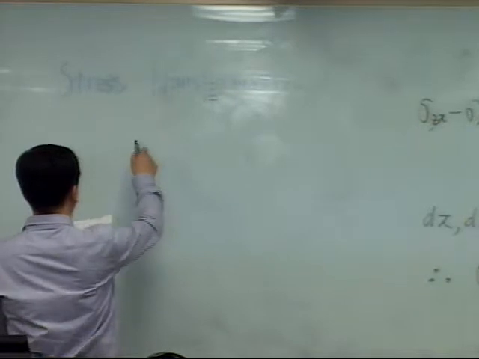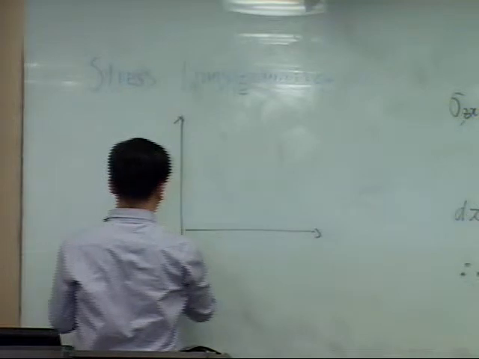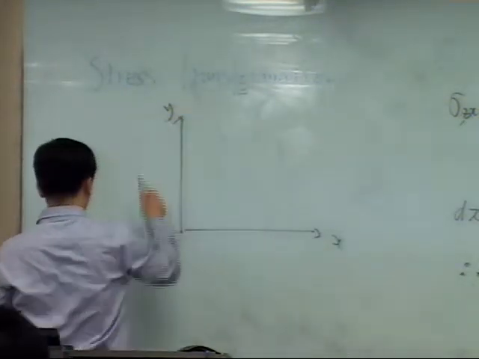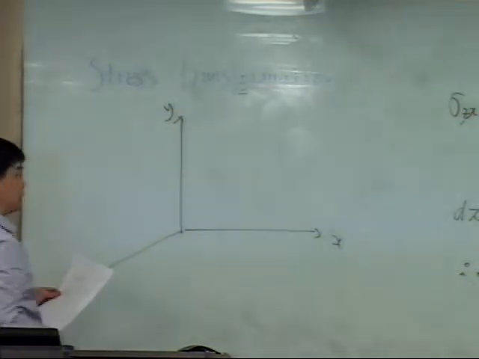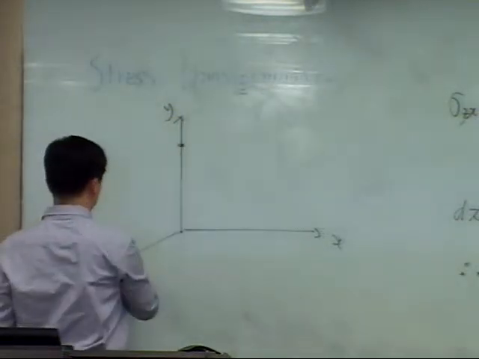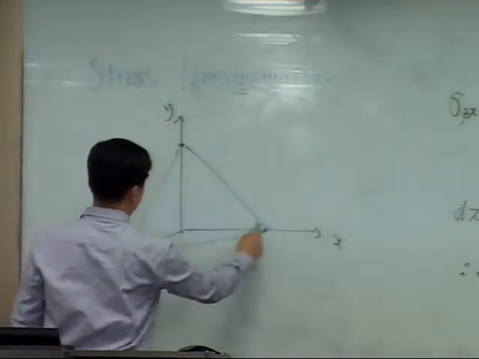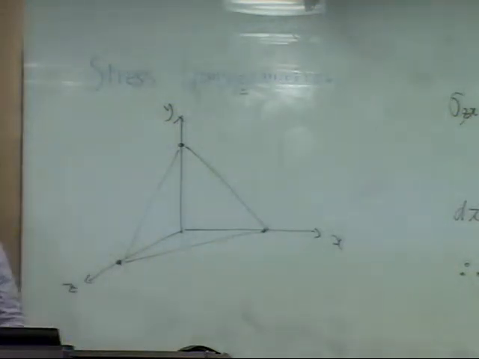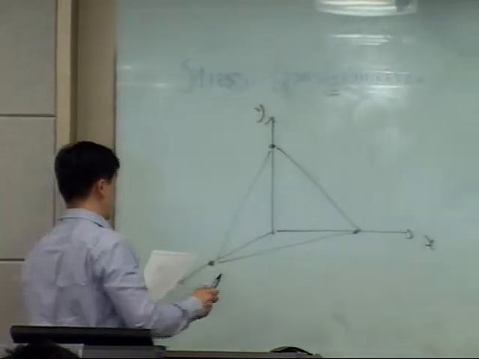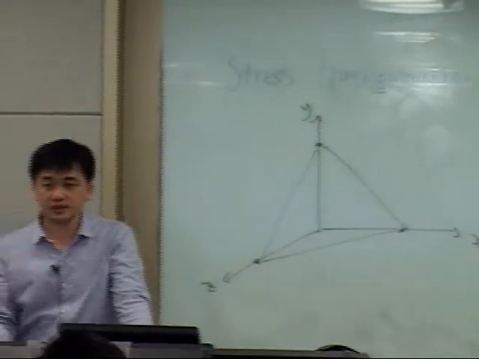Here let's see three axes x, y, and z, and on these three axes, let's take some points and draw a tetrahedron. It looks like this. This tetrahedron will have four surfaces.